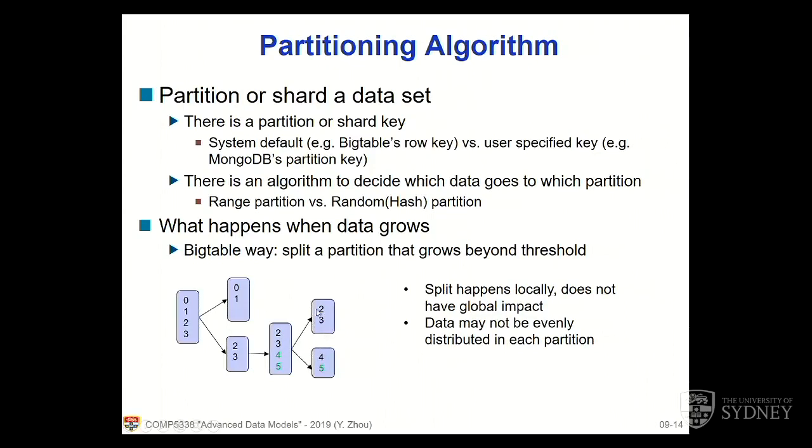After the split, initially it's managed by the same server, but it needs to be reported to the master, which will probably load balance it to some other servers. The good thing is that it doesn't really have global impact. It's only managed locally, the local server does the split, and the other servers don't really know.